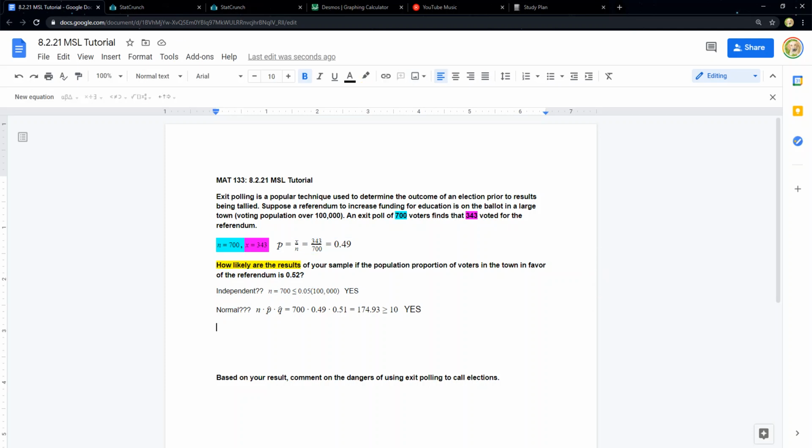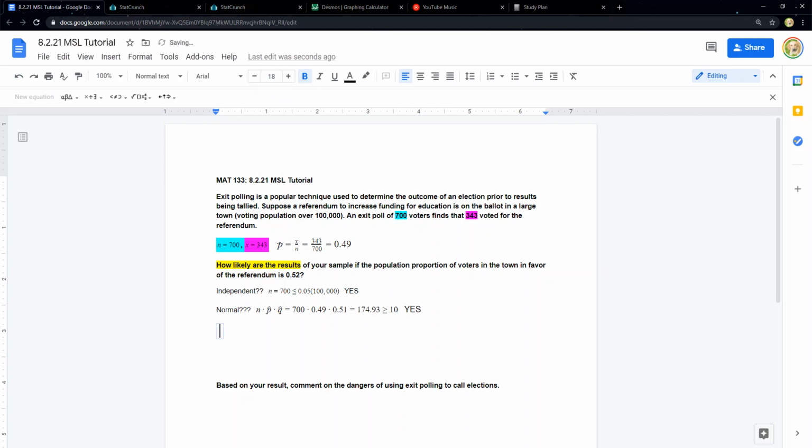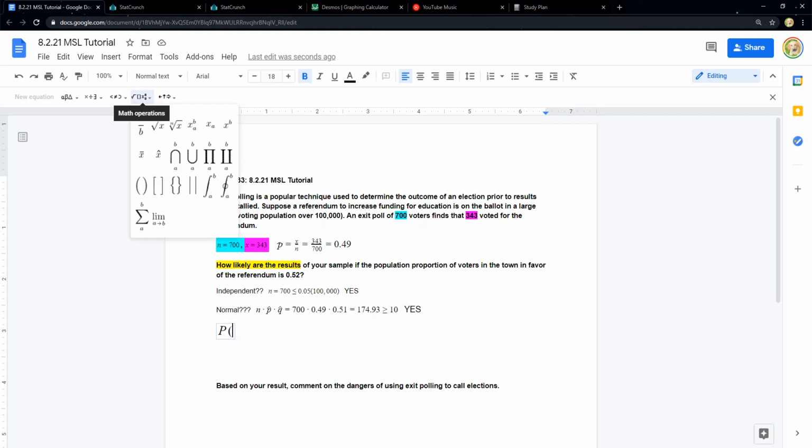So I want to know the probability that p hat would be the exit poll value of what we got. And here's the problem that I'm having. They ask about how likely the results are, but then they don't give us a direction.